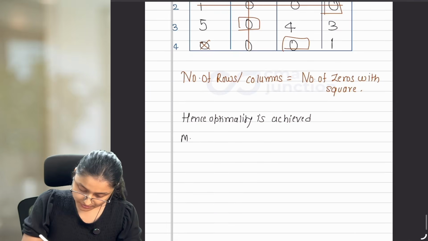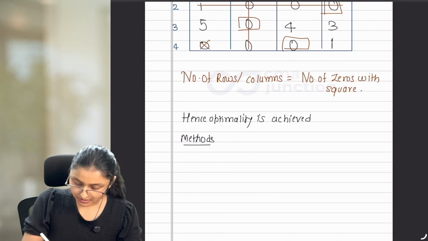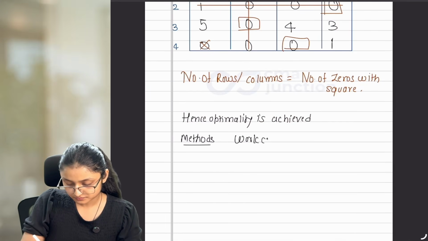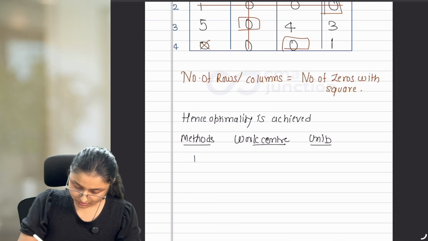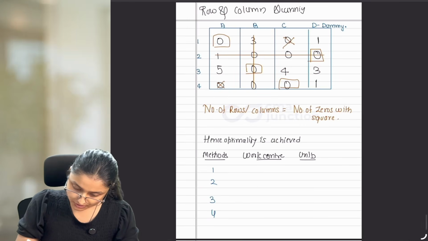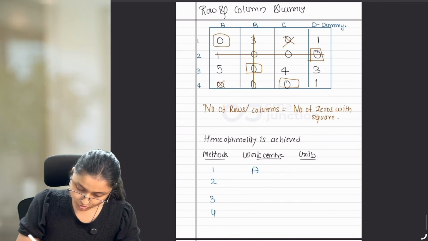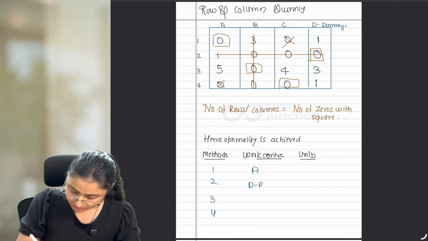We have methods and work centers, and then your units. Method is 1, 2, 3, 4. Work center is for 1 we allotted A, for 2 we allotted D, that is dummy. That means 0 units here.